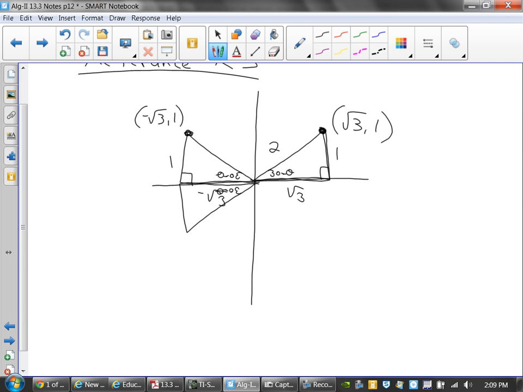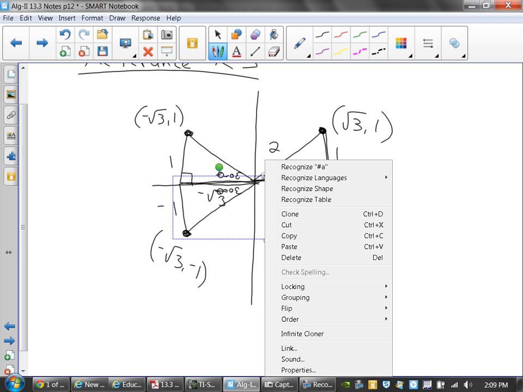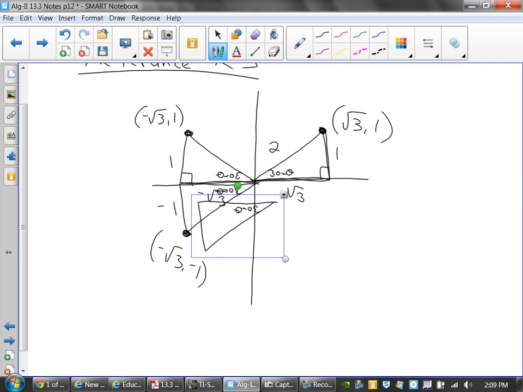It's still placed at the origin. Opposite my 30 is how much now? It's still a value of 1, but now that it's moving downward, it is a negative 1. So this ordered pair now becomes negative root 3 and negative 1. And then lastly, we clone it and flip it back into the other one.